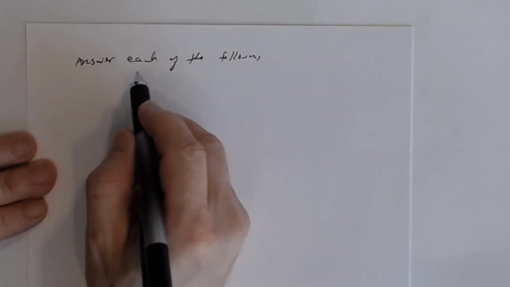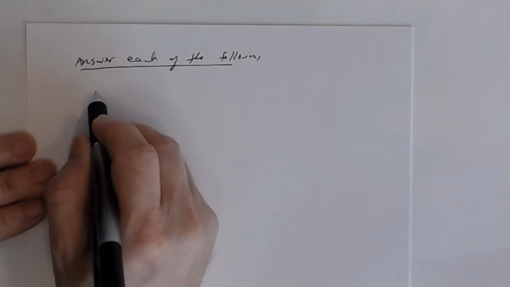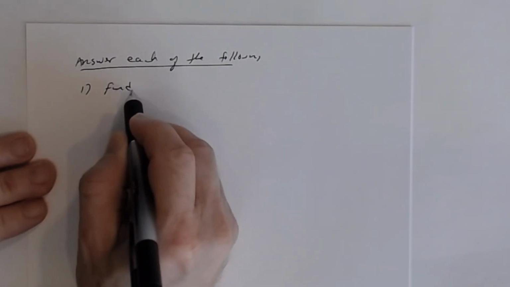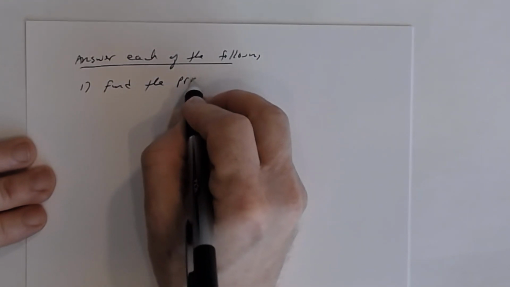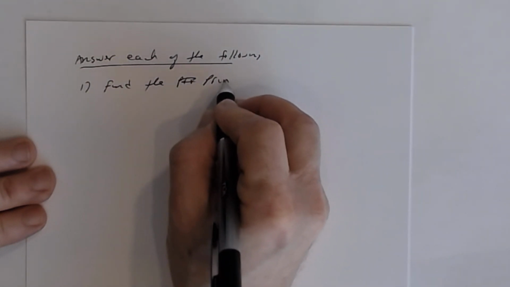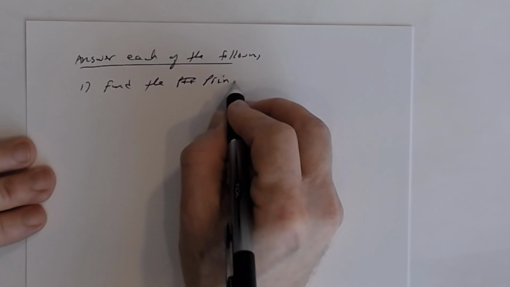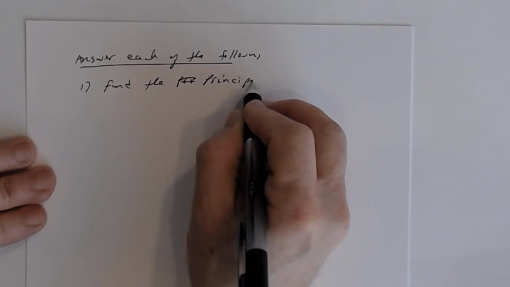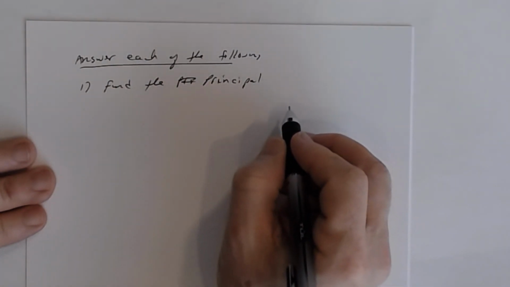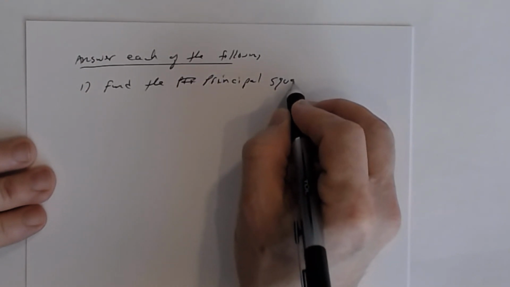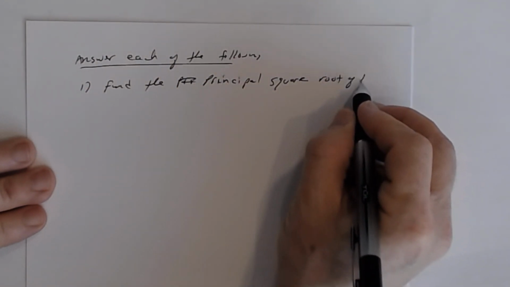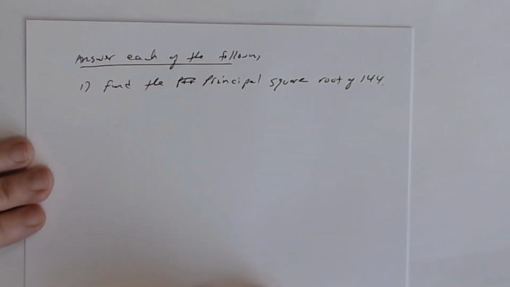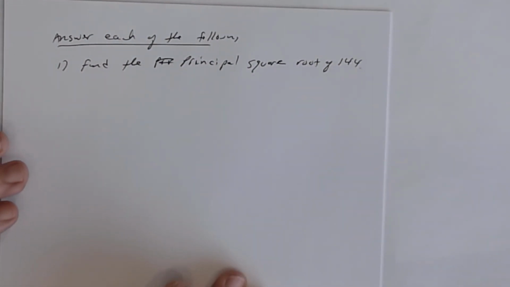So in MyMathLab, you may see something like this. Number 1: find the principal square root of 144.